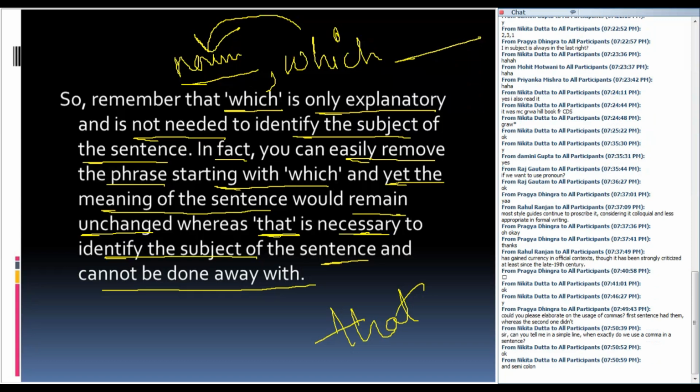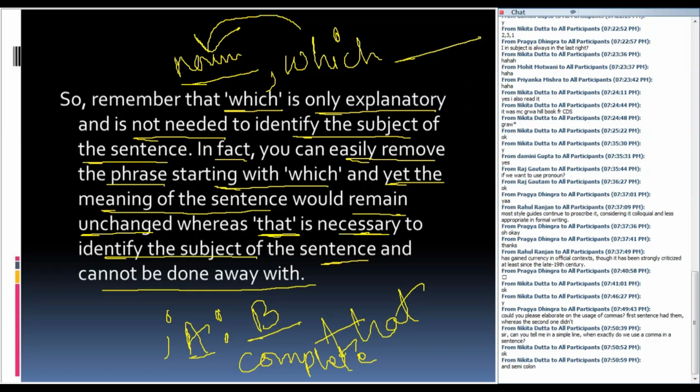Generally, we say that when you are using a colon, whatever comes before and after should be complete sentences, even though they would be saying different things.